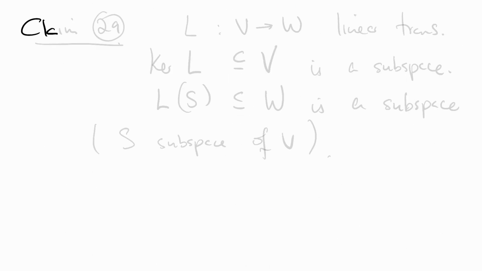All right. Claim. Claim 29. As I've been saying before, say L from V to W is a linear transformation.